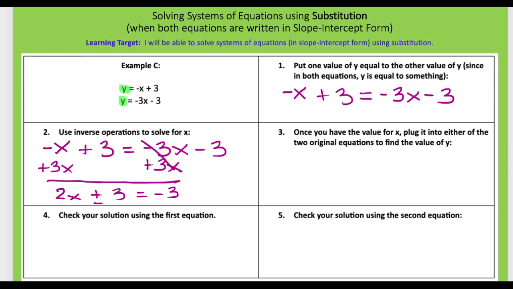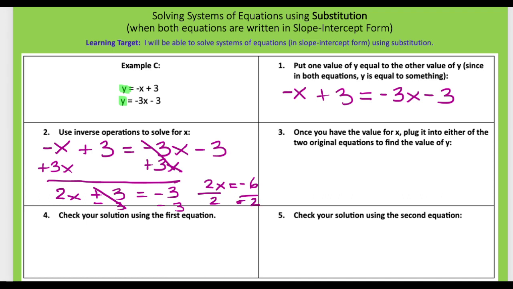Then I'm going to subtract 3 from both sides. This one cancels out or becomes 0. And then on the right side, I have negative 3 minus 3, which is negative 6. So I have 2x equals negative 6. My last step in isolating that x would be to divide both sides by 2.